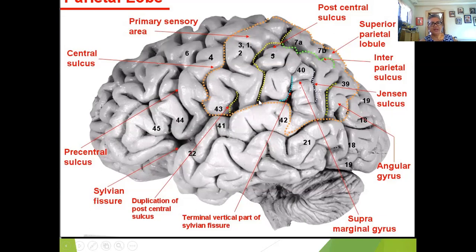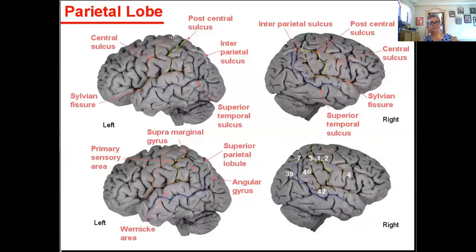Then you will have here the lateral sulcus of Sylvius, which will have a ramus that will pass through your inferior parietal lobule.